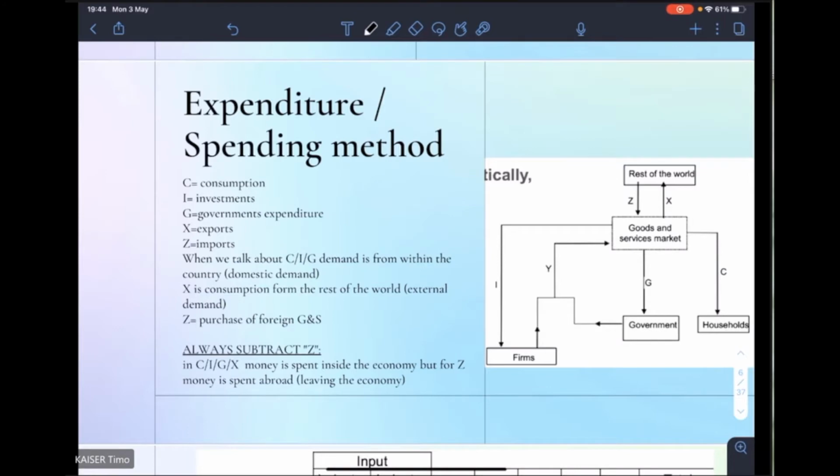Something to remember about, for example, these three, this would be the domestic demand, X would be the external demand, and Z are just the purchases from foreign goods and services markets. And just always remember that Z will always be subtracted from this method. Okay. That would be the expenditure method.